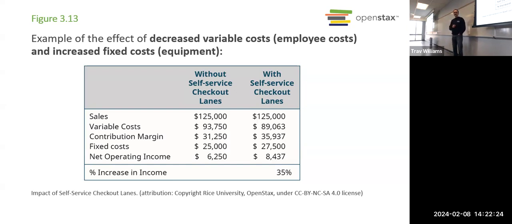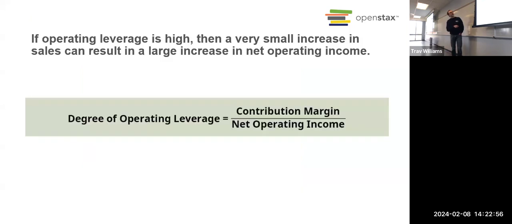You would subtract the lowest from the highest and then divide that by whatever the lowest was. Okay, yeah. So if you take the difference in operating income, we see it went from 6250 to 8437, right? You would take that difference because that is the dollar amount of an increase. And then you would divide that difference by the original income and see it rose 35%. And we will be doing that with the last problem when we get to it.